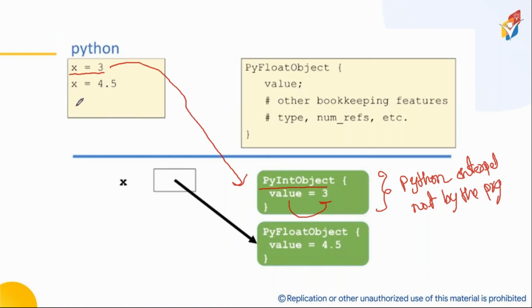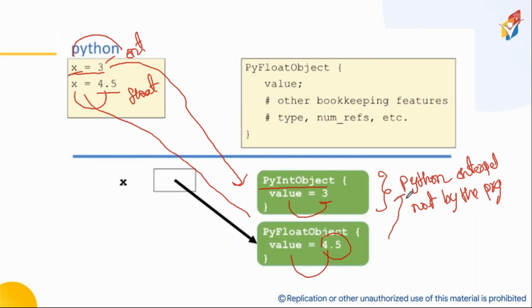For example, if I assign this here, 3 is an integer that I'm storing in a variable called x. If I want to store a real number, this is called floating point. 4.5 I'm assigning into x. Now what is happening? It is creating another object called a PyFloat object, where 4.5 will be assigned to the value. This is also done by the Python interpreter.